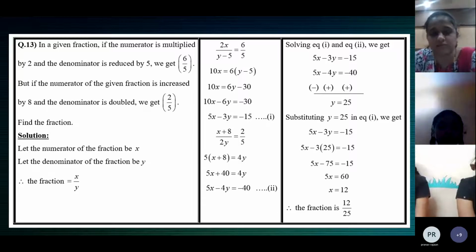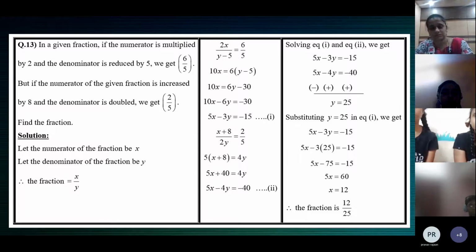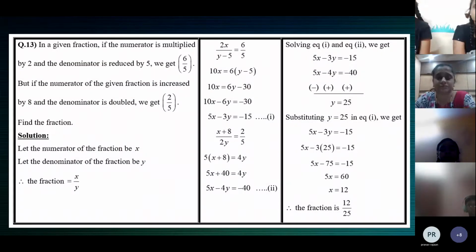So we are only discussing how to construct the equations. Done, children? Yes, ma'am.